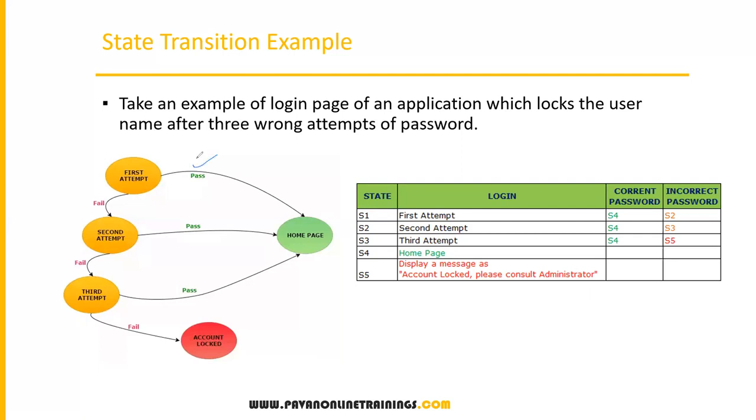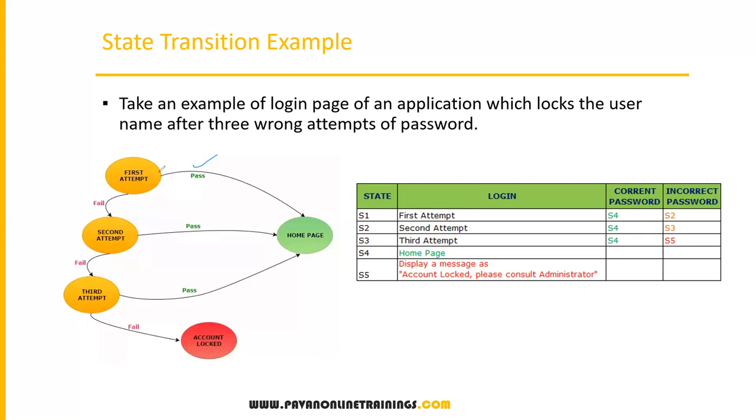It should pass, and it will give you the home page. And here, what is the transition? We are on the login page, the first attempt is a valid password, and then the home page is displayed. This is one state transition.